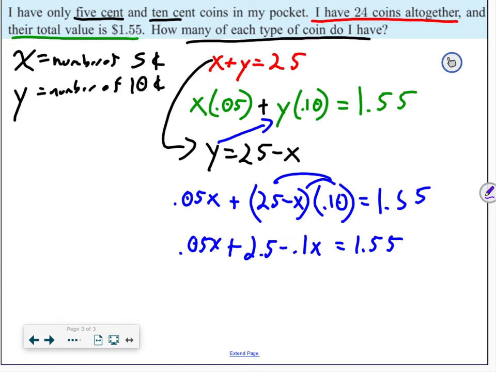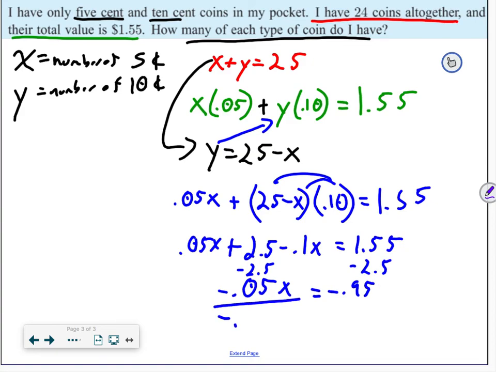So I have negative 0.1x plus 0.05x is going to be negative 0.05x, and then subtract 2.4 from both sides. And I'm going to get negative 0.05x is equal to negative 0.85.